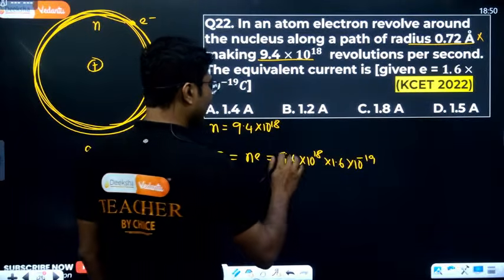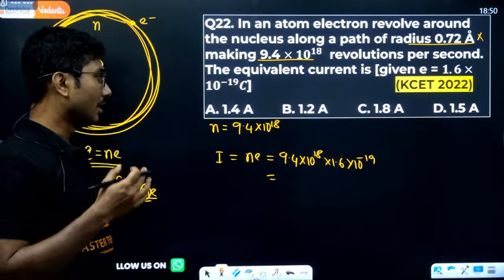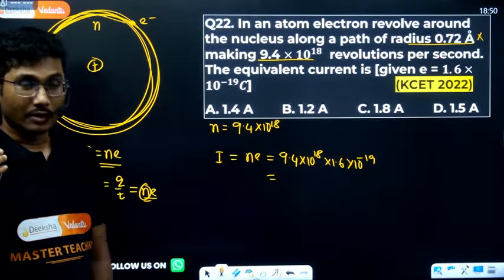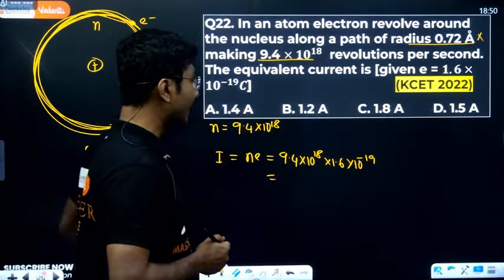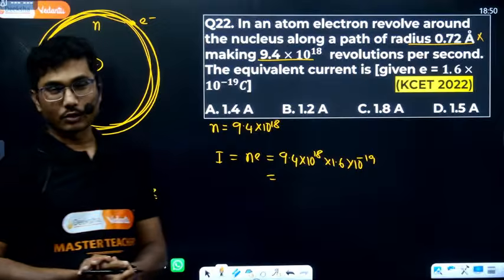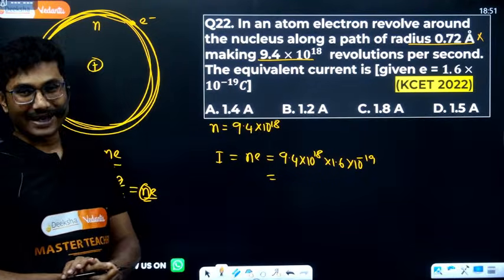Now this multiplication can be tricky if you are not familiar. So 9.4 into 1.6, and if you see, the values are also close. So even if you take some approximated value, it may be slightly wrong.